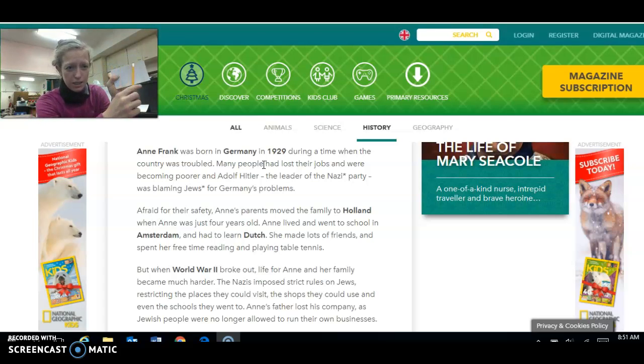So, at the top of my note card, I'm going to write, where was Anne Frank born? In your best handwriting. With a nice little question mark at the end, and I'm going to underline it. Underlined. There we go. See? There we go.